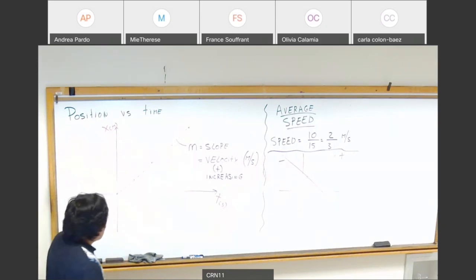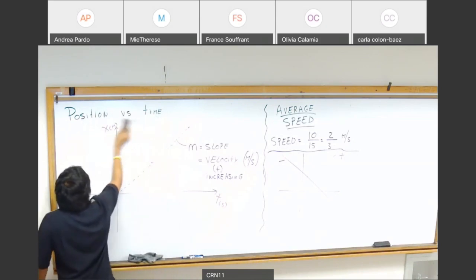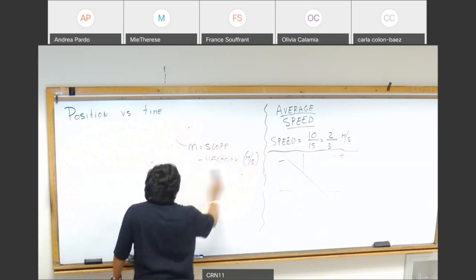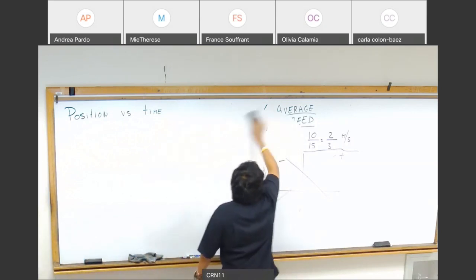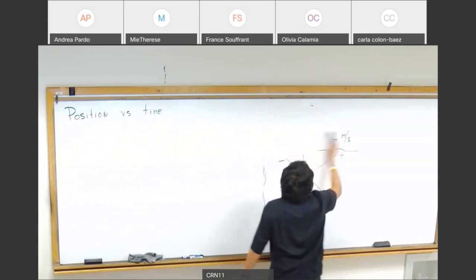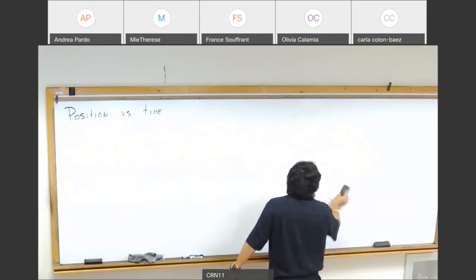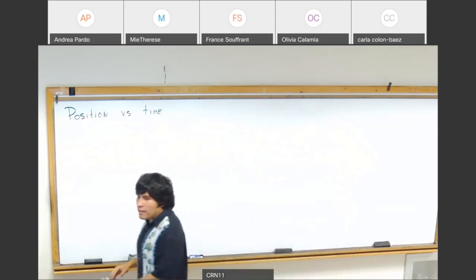So now, let's do the velocity versus time graphs. All right? And it's very similar. The only thing that you have to be careful with is the signs and the slope as well, right?